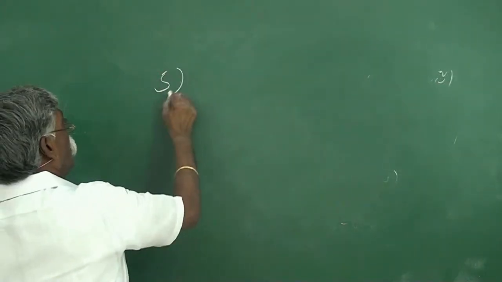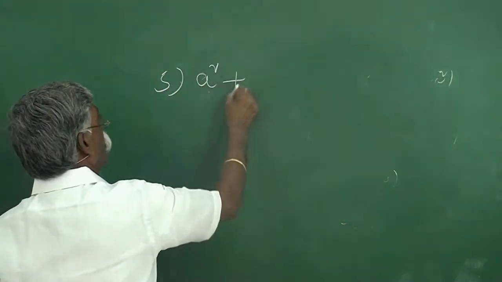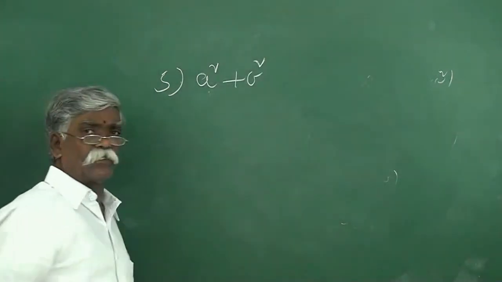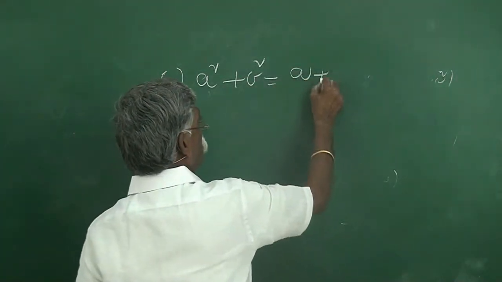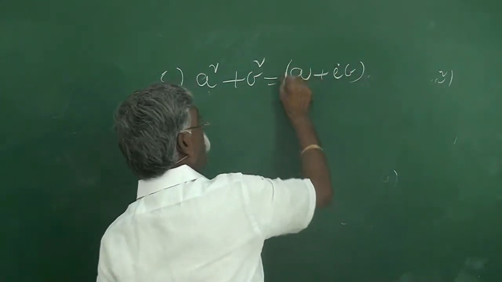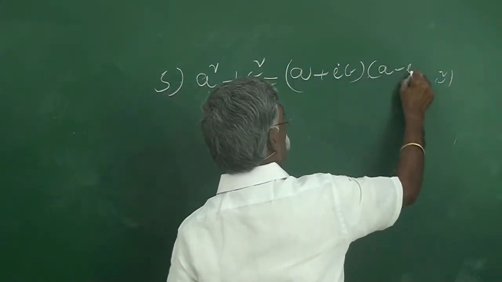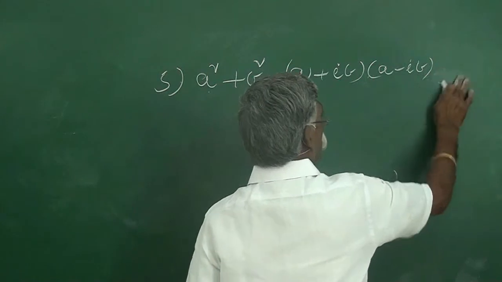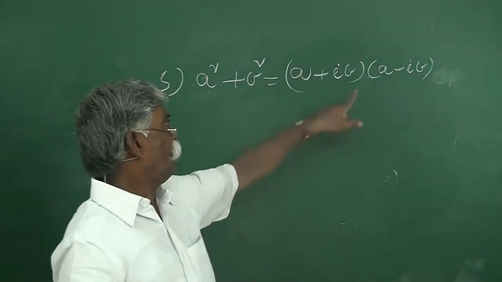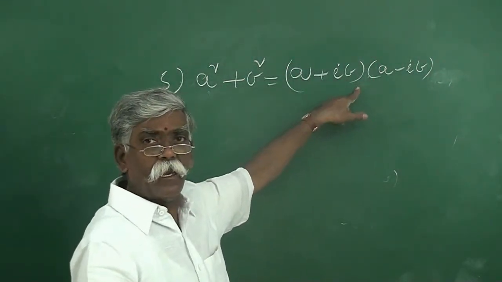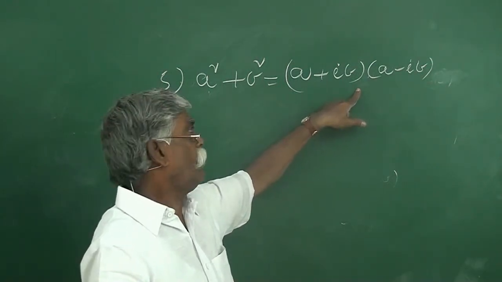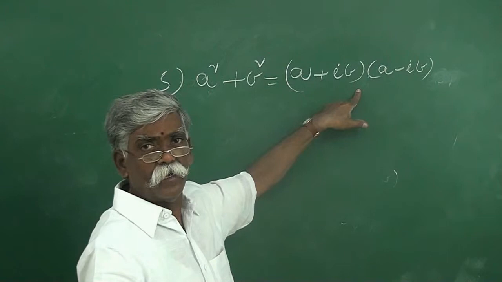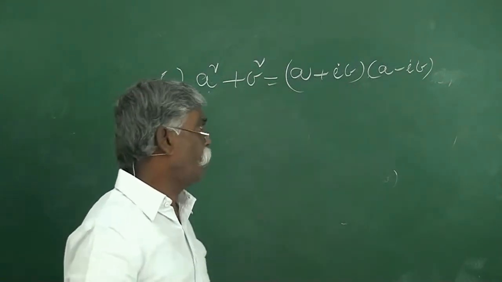The next one, usually we don't get factors for a square plus b square, but (a plus ib) into (a minus ib). This we will be learning very clearly in complex numbers in a chapter in trigonometry in higher studies.